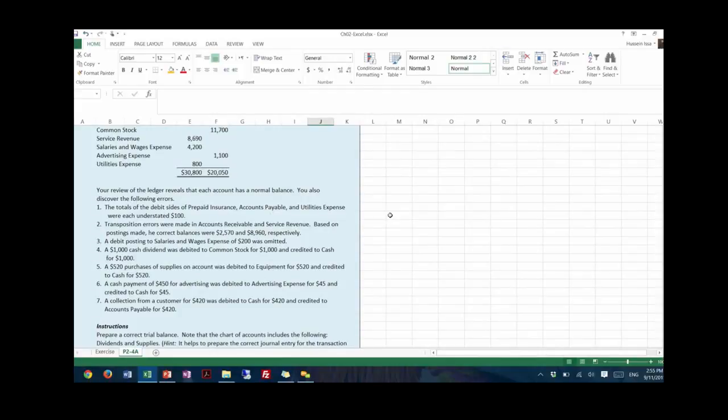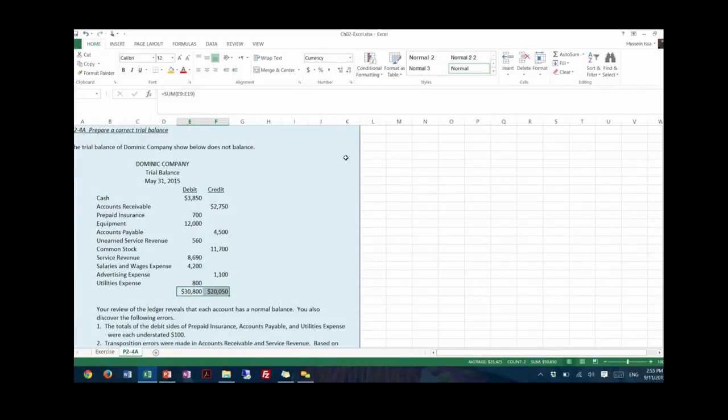This is another one that I wanted to show you, and I'm almost certain that you have a problem like that in the exam and the homework. This is where you have a trial balance that does not really balance. So you ended up with certain numbers, and then you know that there were certain mistakes.